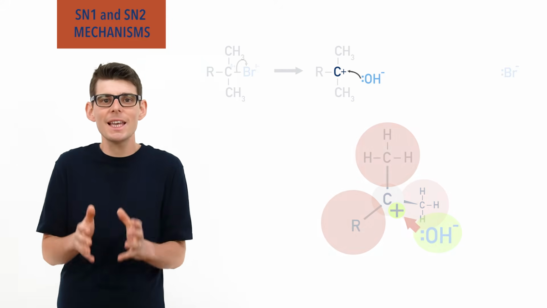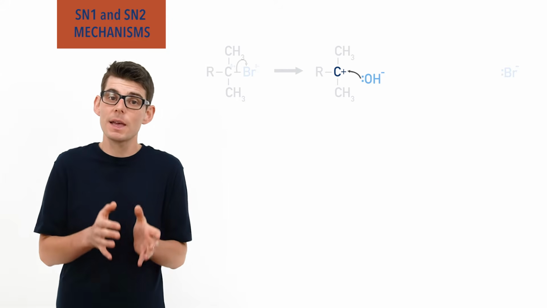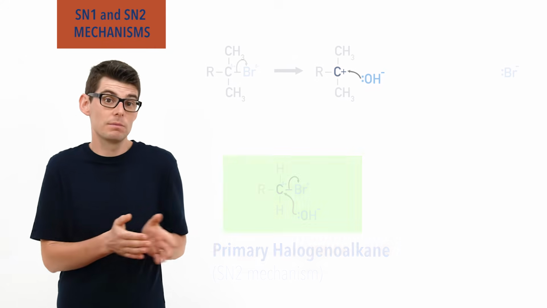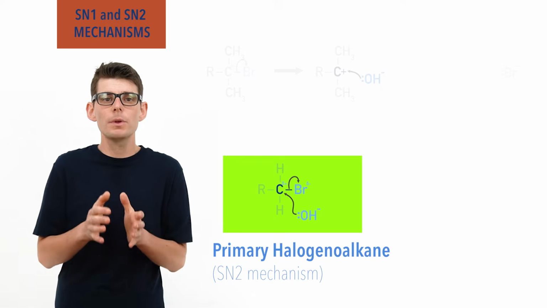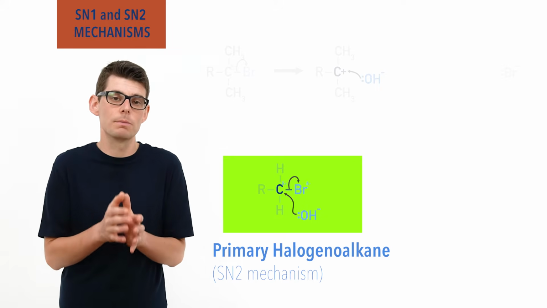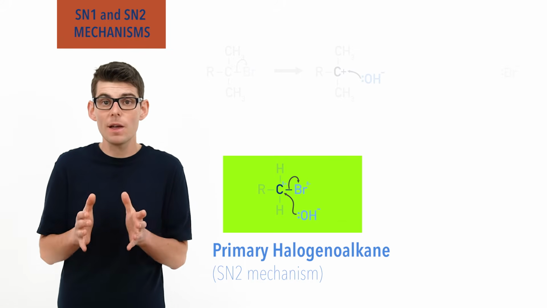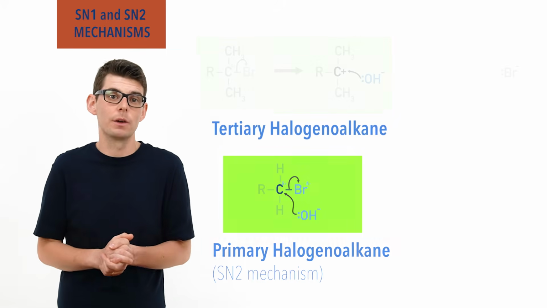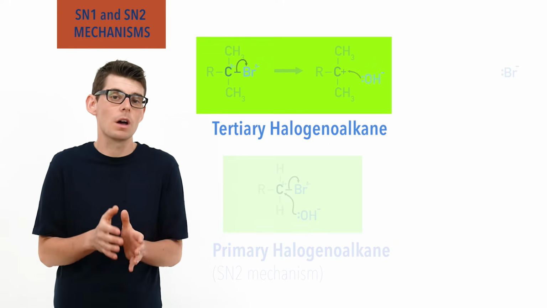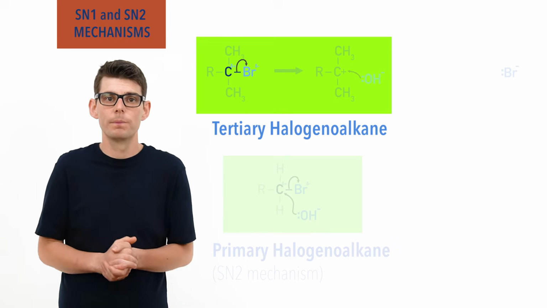This is the key and fundamental difference to the mechanism with a primary halogenoalkane. In that case, the SN2 mechanism, the carbon-nucleophile bond formed at the same time as the carbon-halogen bond broke. However, with a tertiary halogenoalkane, the carbon-halogen bond has to break before the carbon-nucleophile bond can form.